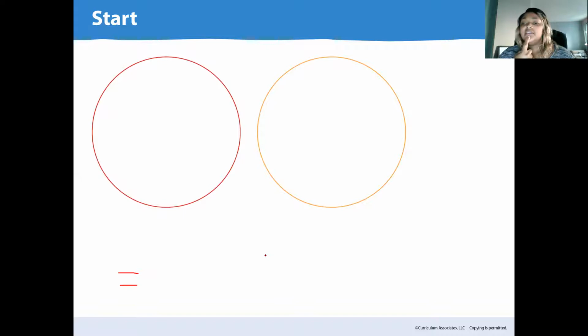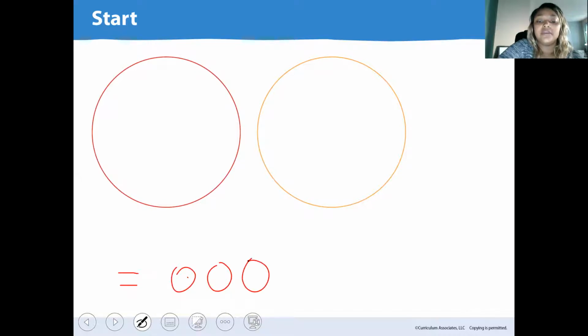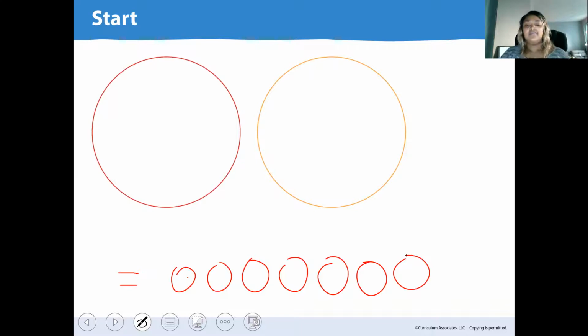So let's see, we had, okay, 1, 2, 3, 4, 5, 6, 7, and we could say those are balls. We have 7 balls and we need to figure out a story problem for this and figure out what makes 7. So we can choose different ways.